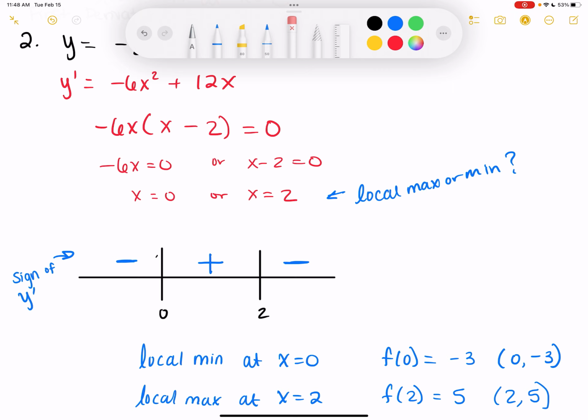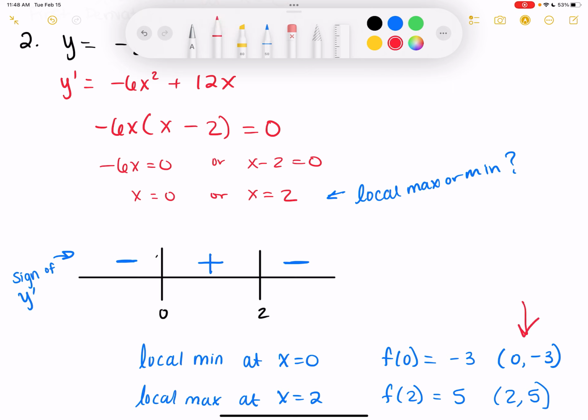So they officially want these values here, so they would want you to say a local min at the point and then a local max at the point. But if you write it across like this, I'm okay with that too. But if you go to check your answers, they're looking for these officially. All right, let's look at another one.